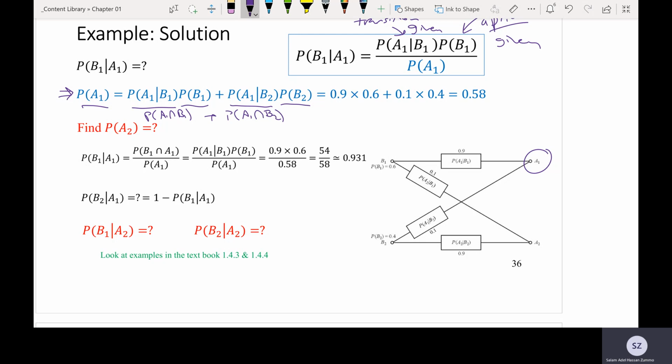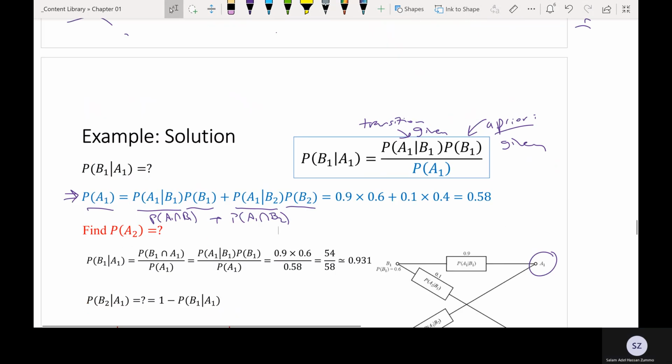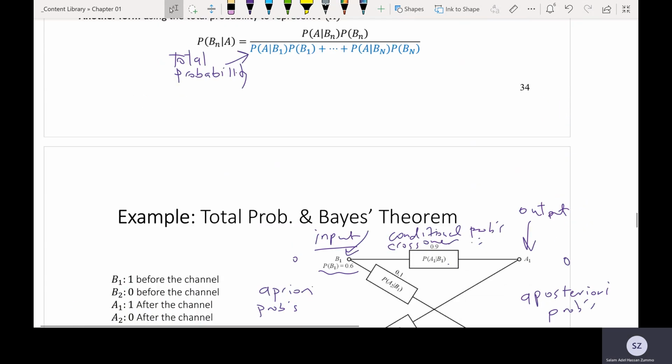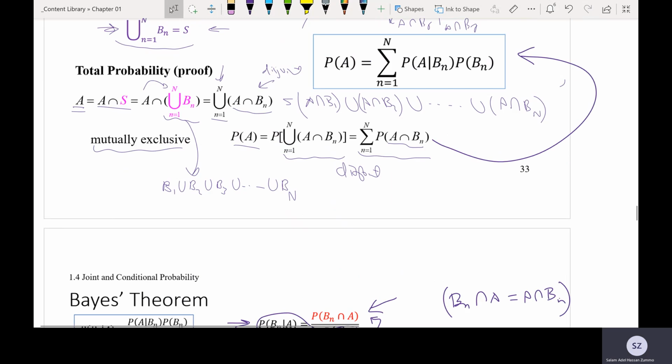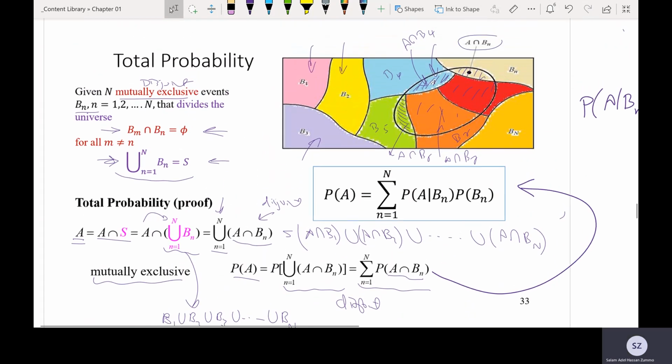We multiplied here because the total probability law says that the probability of A1 is the summation of the probability of the intersection between A1 with B1 and B2. This is the partition. Remember in the total probability law, I am interested in finding the probability of an event.